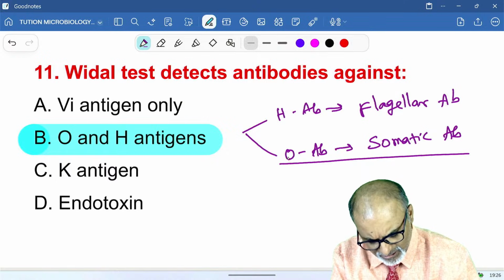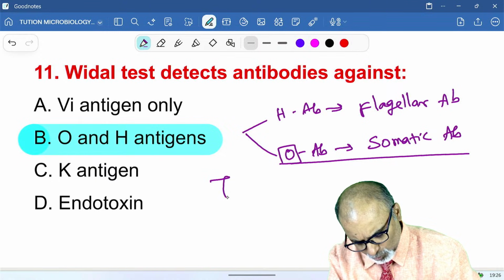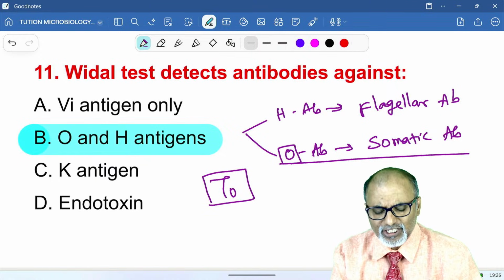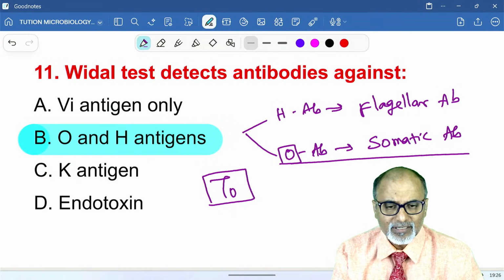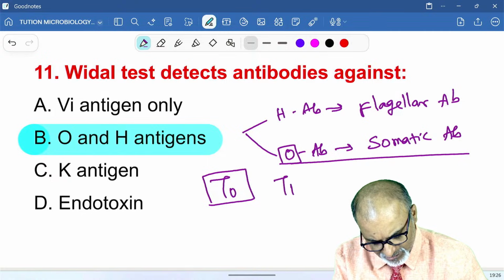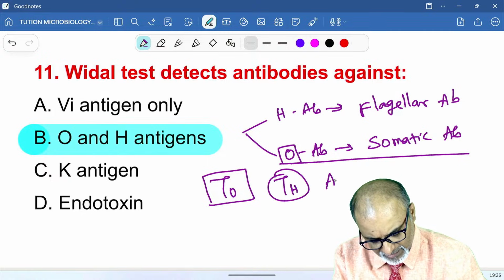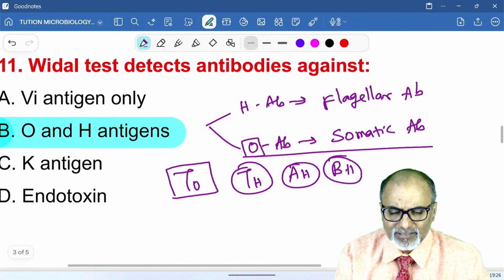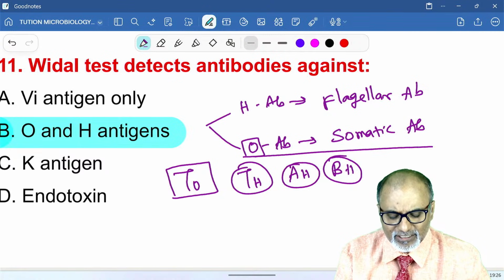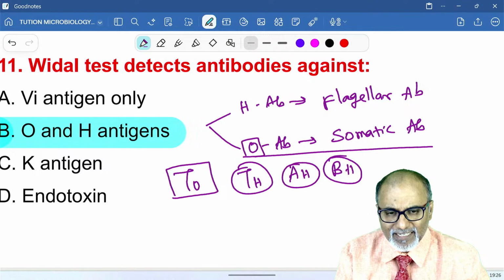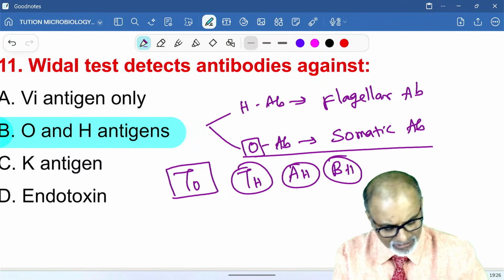The O antigen is very common. We are using only TO, Salmonella typhi O. But the H antigen varies from bacteria to bacteria. We are using TH, AH, BH: the H antigen of Salmonella typhi, of Salmonella paratyphi A, and of Salmonella paratyphi B. We are using these three.